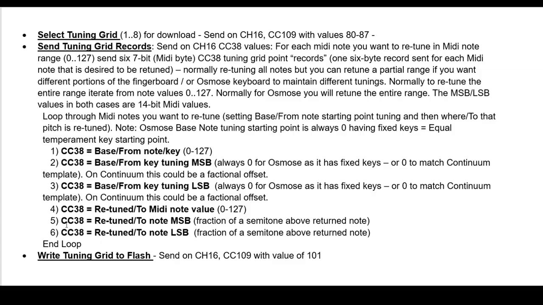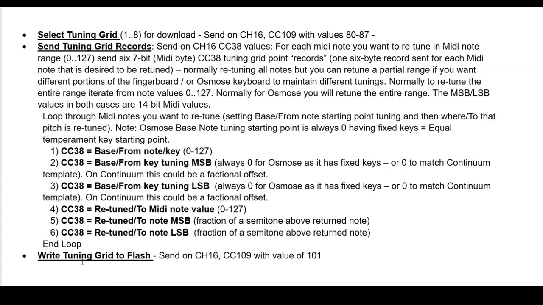Then you'll send CC38 with your 2 MSB, and finally CC38 with your 2 LSB. So you'll send 6 CC38 values for each of the tuning records you want to send. If you want to change all 128 values, you'll send 128 of these records to retune the entire MIDI dataset.